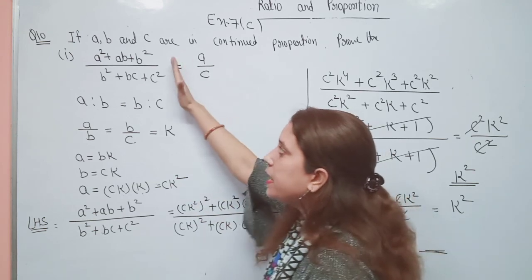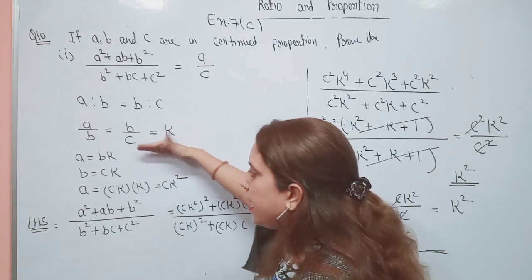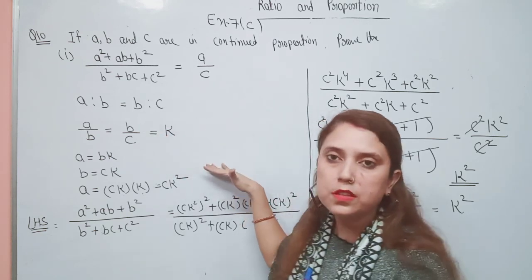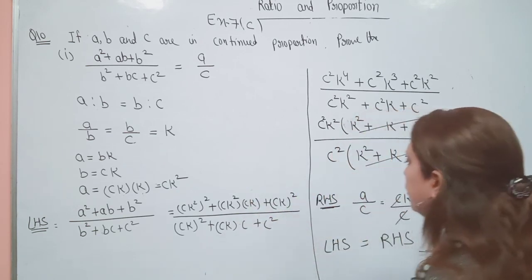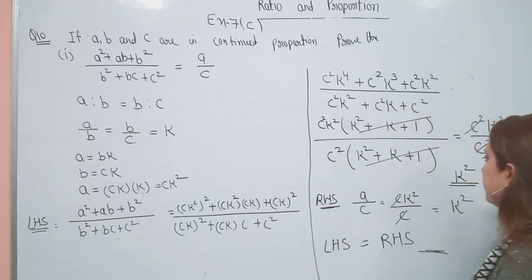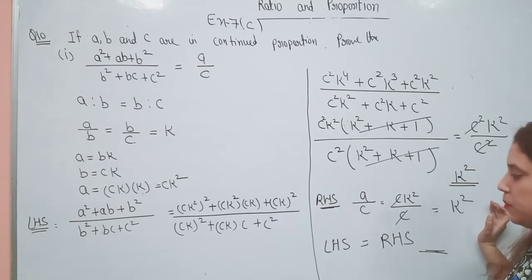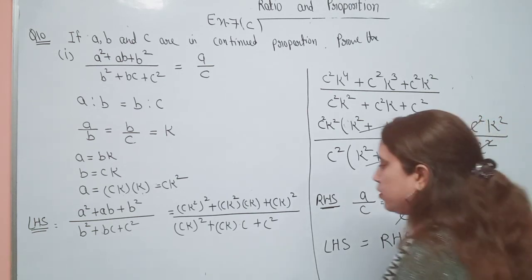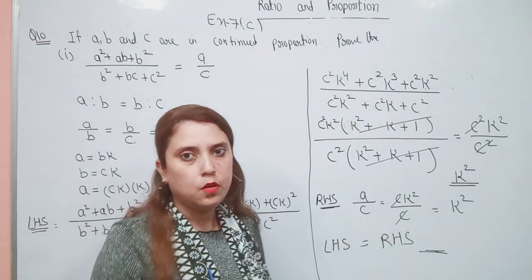Now first we take the left hand side, put the value of A and B in terms of C and solve for it. After that we solve for the right hand side. The value of left hand side is K square and the value of right hand side is also K square. Left hand side is equal to right hand side. So it is proved. Okay beta.